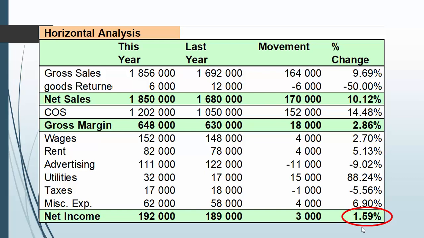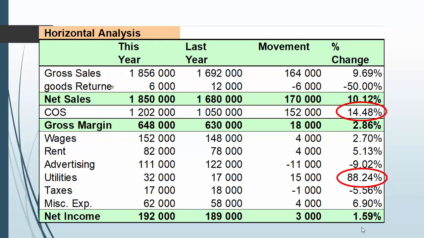If we have a look at this, we look at the percentage change and see where's the biggest one. And your biggest one here is 88%, utilities. And you go, that's your problem. But an important thing is just to look at any other thing that has a percentage that is greater than your sales. And if we look, you can see your cost of sales is 14%.